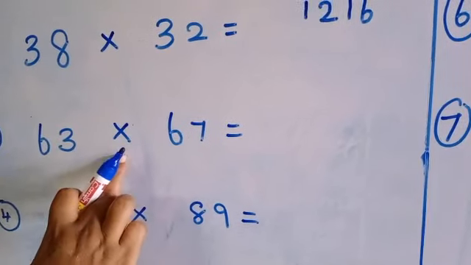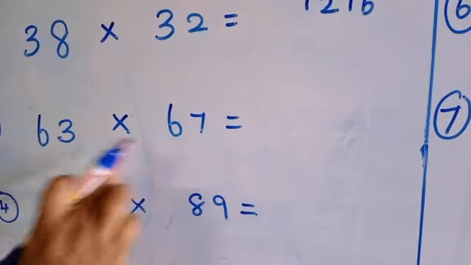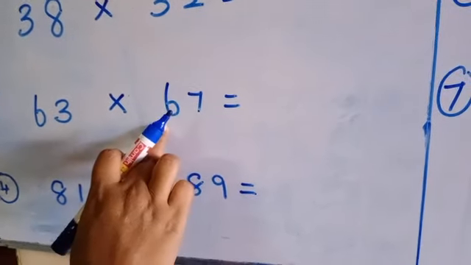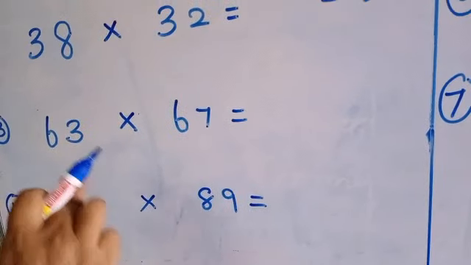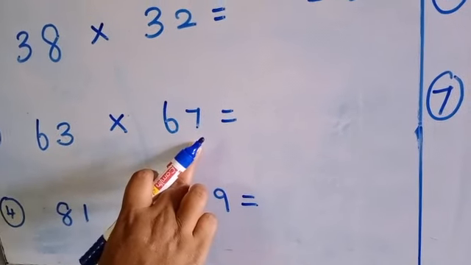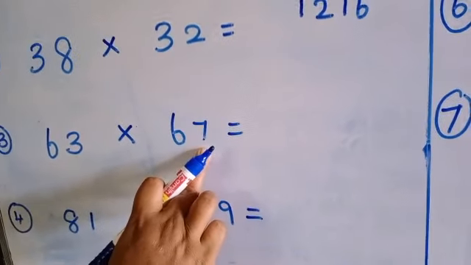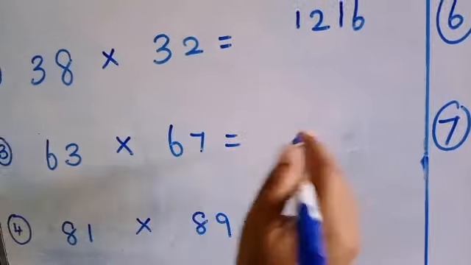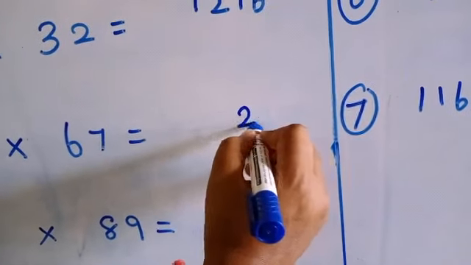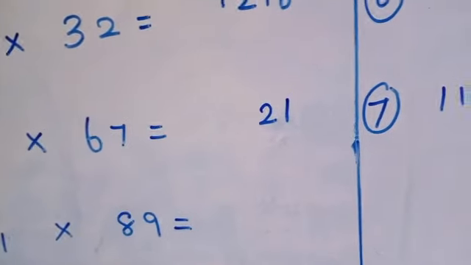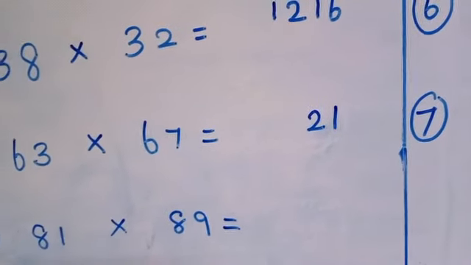Next, the third sum: 63 into 67. The last digits are 3 and 7. 3 sevens are 21.